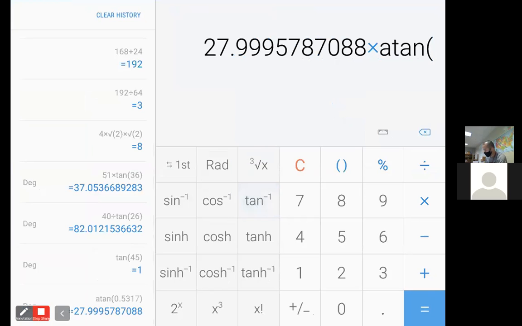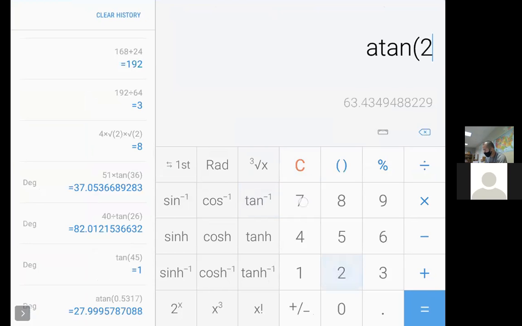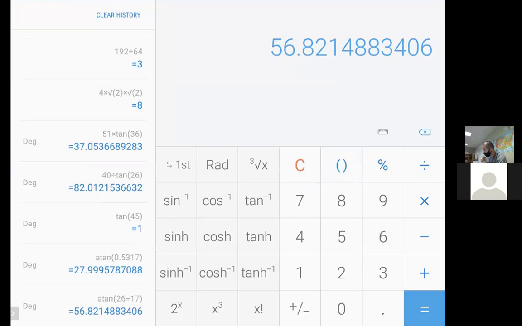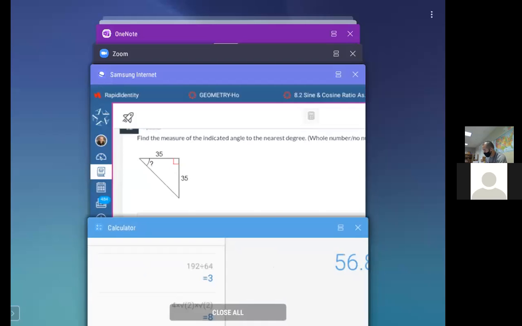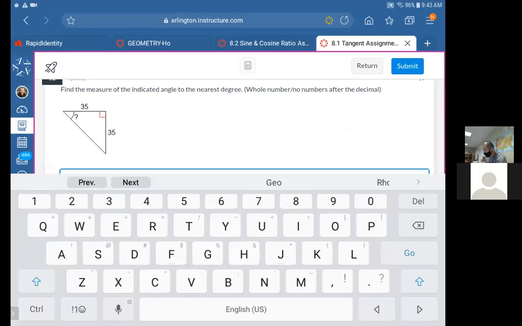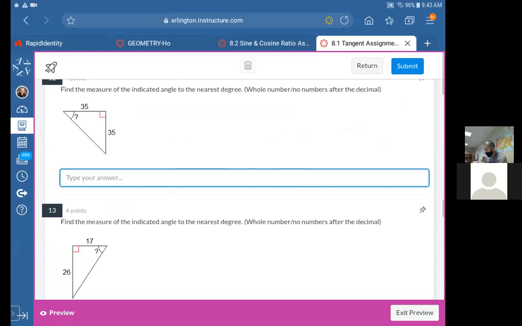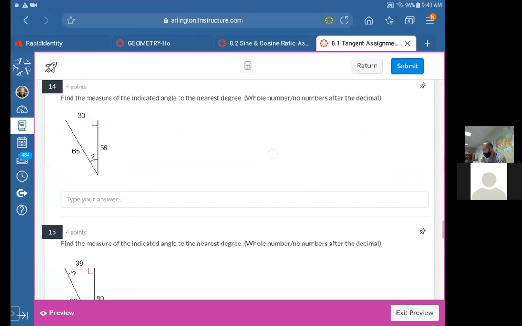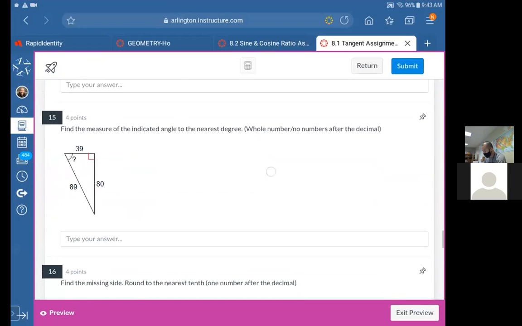Tangent inverse of 26 over 17 is 57. Okay, so let's keep going. Find the measure of the indicated angle. Yeah, those are the same.